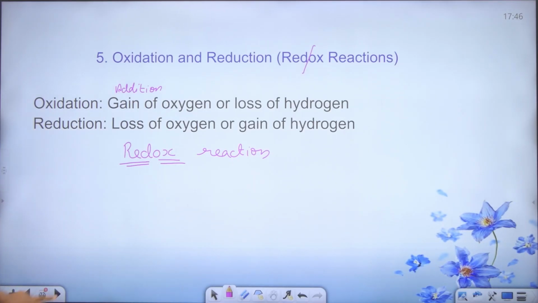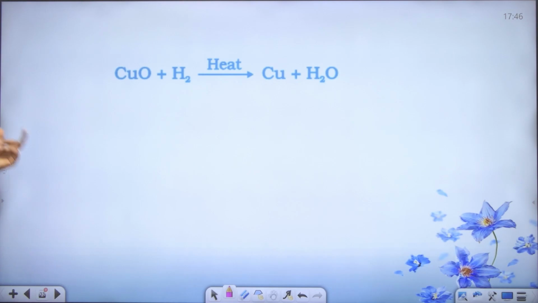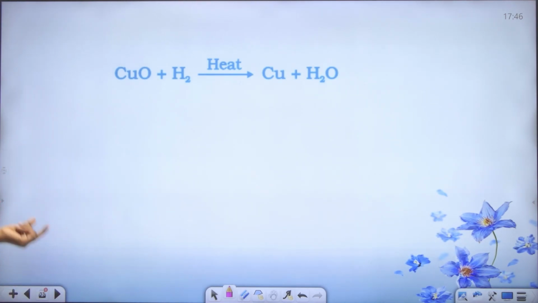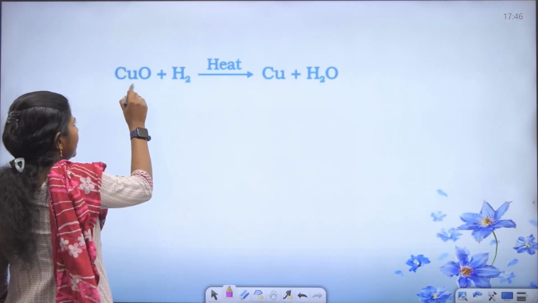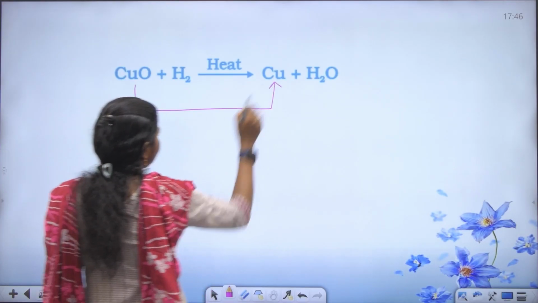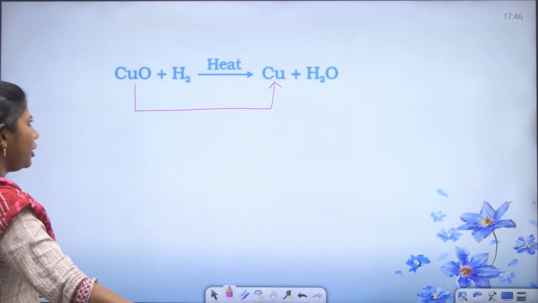For example, CuO plus H2 gives Cu plus H2O. Here, CuO changed to Cu. Copper oxide changed to copper.